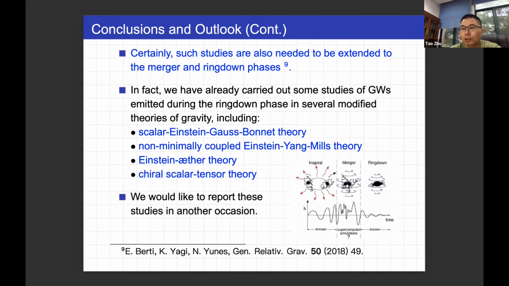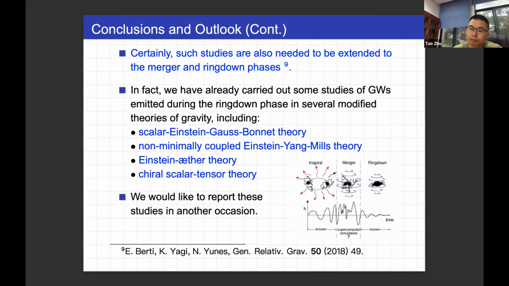Since we only consider the gravitational waves emitted from the inspiral phase, it is also interesting to extend our studies to the merger and ring-down phases. Actually, we have already carried out some studies of gravitational waves emitted during the ring-down phase in several modified gravities, for example, the scalar Einstein-Gauss-Bonnet theory, Einstein-aether theory, and the parity violating scalar-tensor theories.